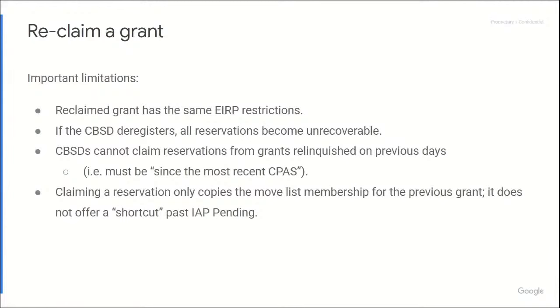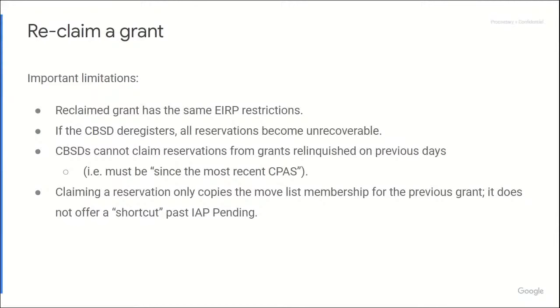What I'm explaining is that the number of move lists that your CBSD is connected to is more the first time it asks for that grant. Once the grant goes through CPAS, then that same grant gets taken off of DPA move lists, which means it's not connected to as many DPAs.